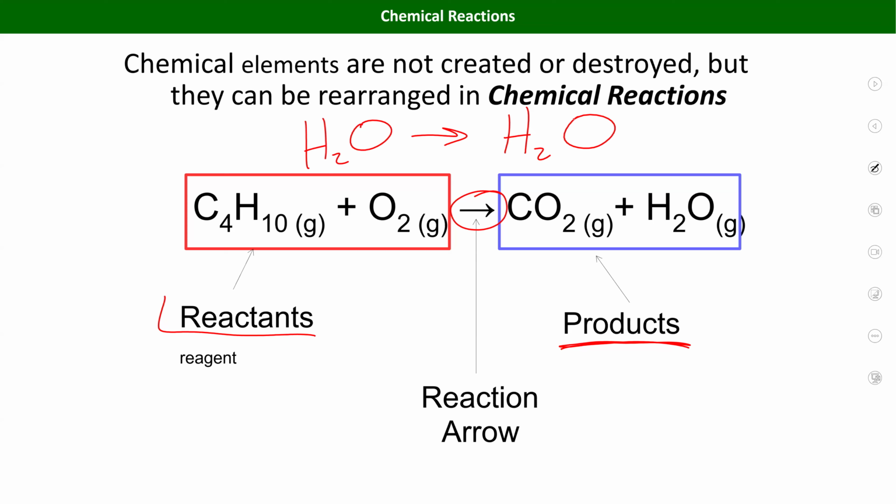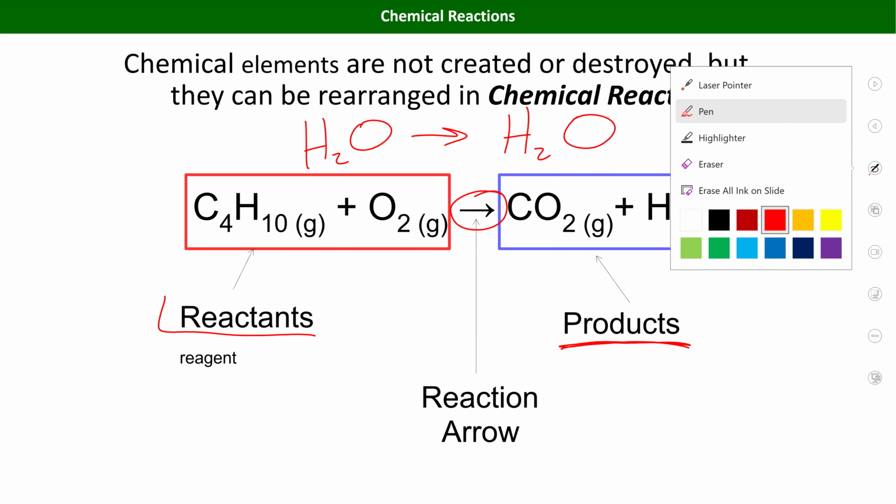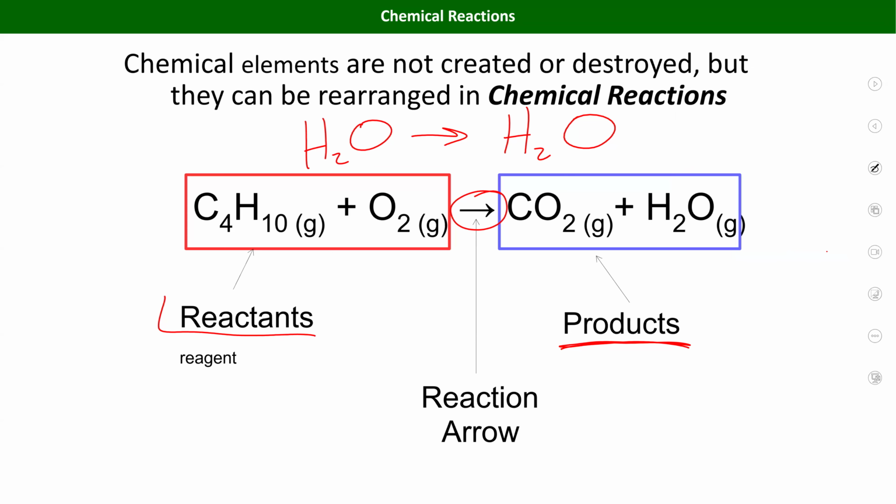So if we're trying to represent water melting, solid water turning into liquid water, what are we going to use? These little symbols here in the parentheses, they're also written as subscripts usually. Sometimes you'll see them as full-size characters. These are just showing the phase of the reactants and the products.